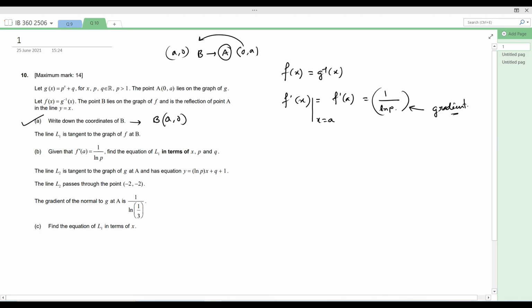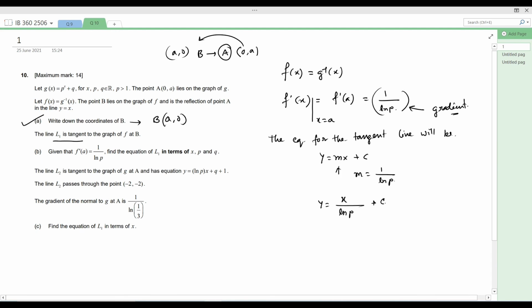So the line L1 is the tangent, and the equation for the tangent line is y equals mx plus c. The value of m is determined to be 1 by ln p, so y equals x by ln p plus c.